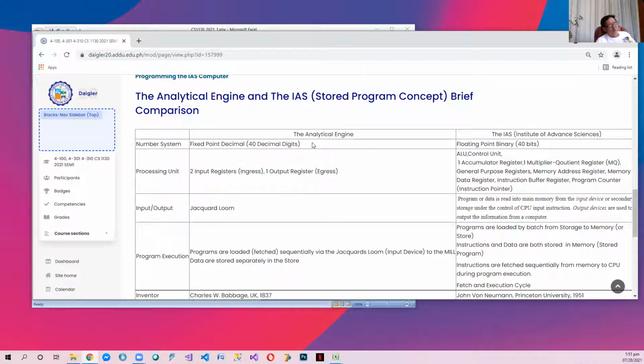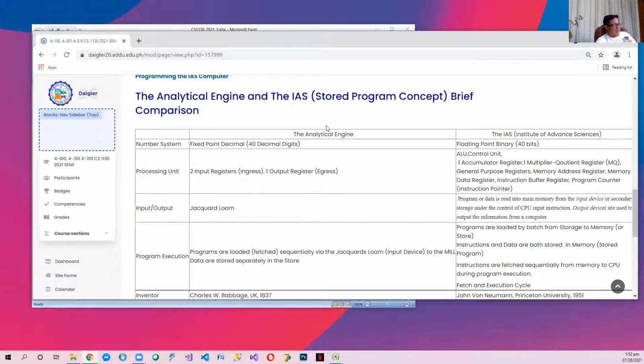The program runs from the punch card, and the variables involved in the program are stored in memory. So it is not a stored program, because when we say stored program, both the program, the commands, and the variables should be in main memory.